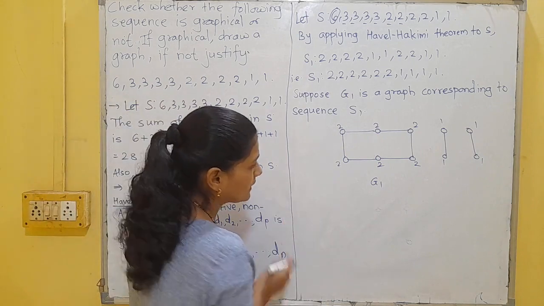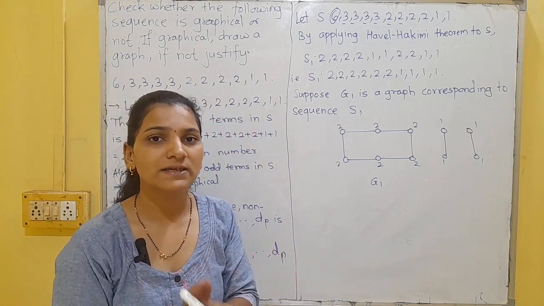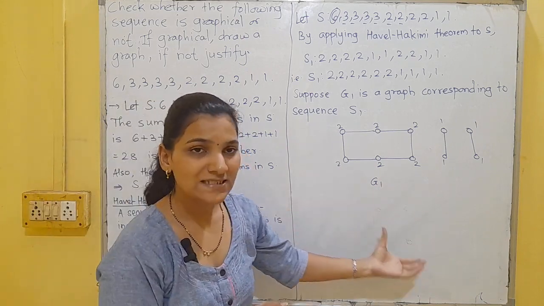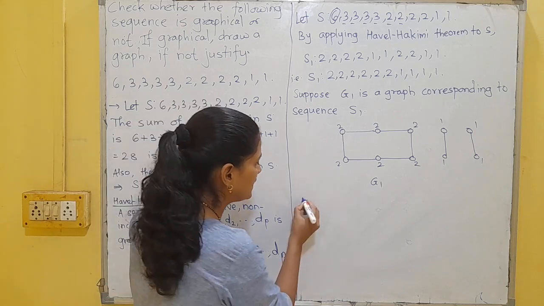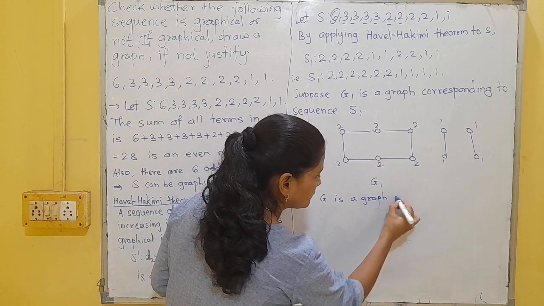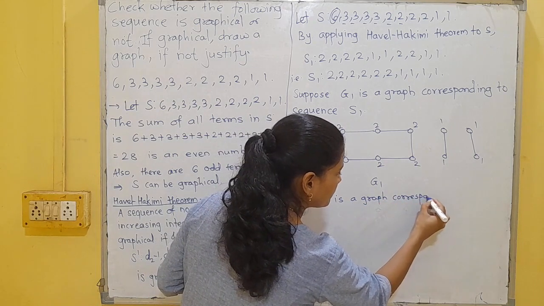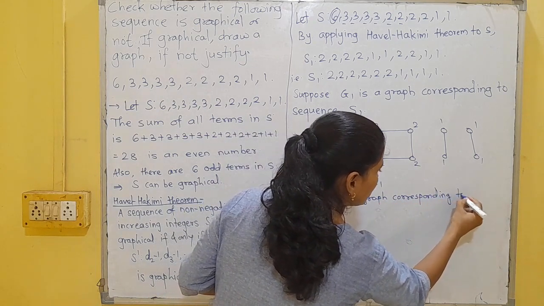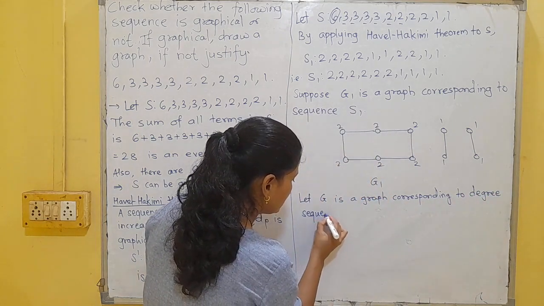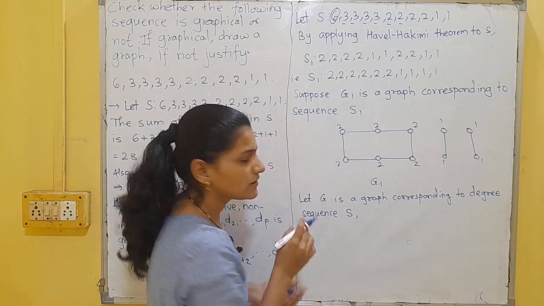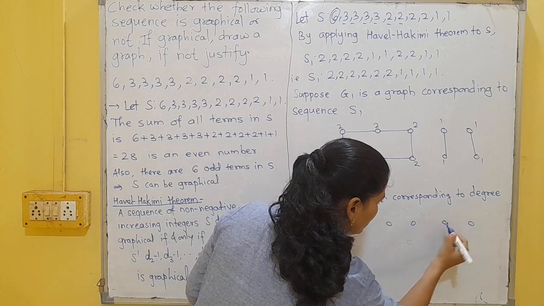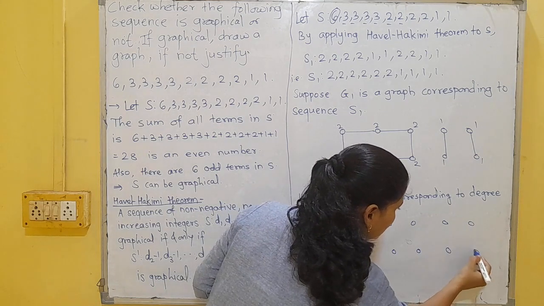Now we want to draw a graph G with the given degree sequence S. How to draw this graph? First, draw G1 as it is. Let G be a graph corresponding to degree sequence S. So first draw the 10 vertices.